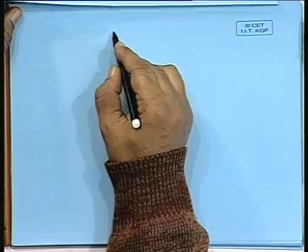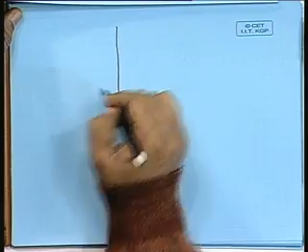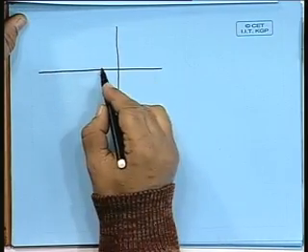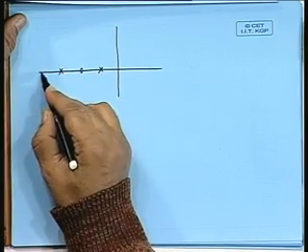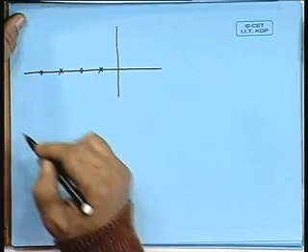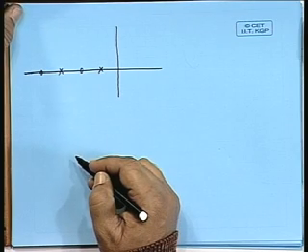Had there been a pole somewhere other than the origin, and so on, what would be the nature of this?